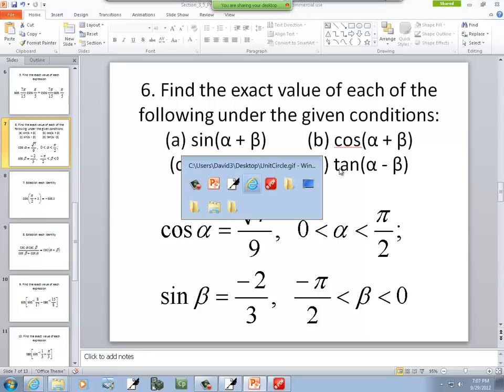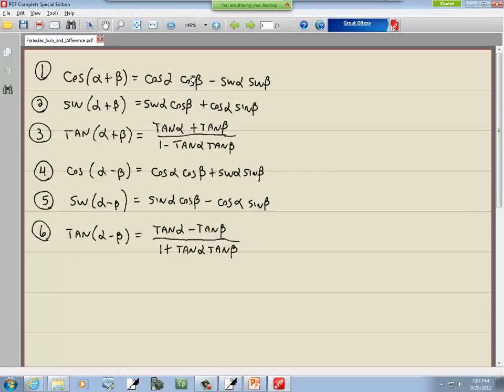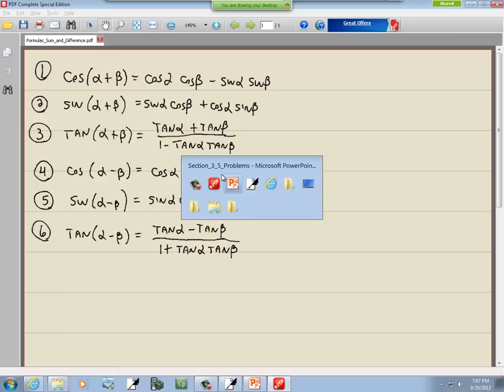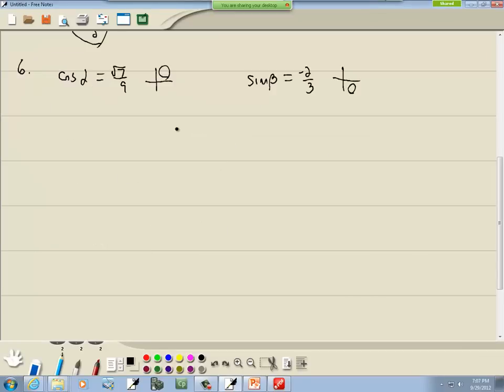If I go look at my formulas, they need sine, cosine, and then tangent. So what we want first is over here, these are our alpha side. We want all of our trig functions for alpha in terms of sine, cosine, and tangent.